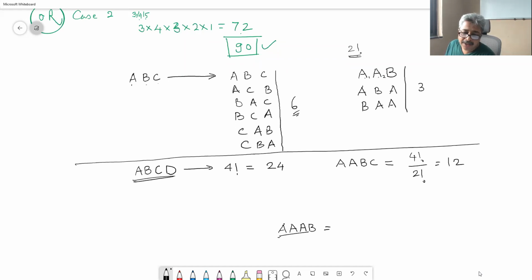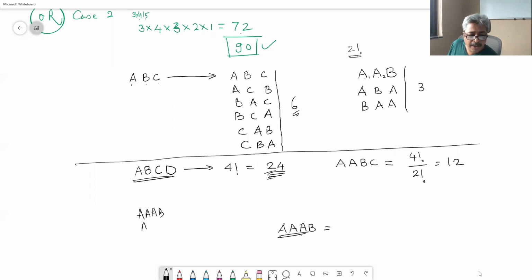What will happen here? There are 3 A's, and amongst 3 A's, if they were A1, A2, A3, they will permute amongst themselves in 6 different ways, 3 factorial different ways. And therefore, whatever number of ways that we will get with this is going to be 1/6 of this, and we can cross check also.